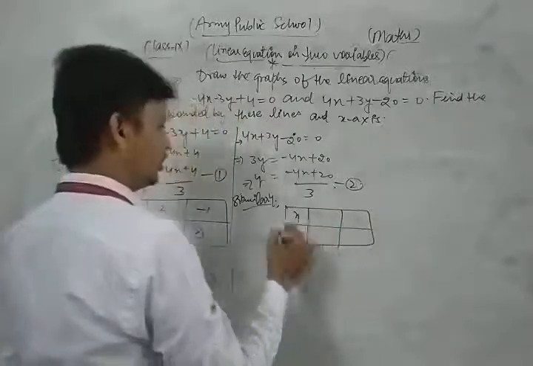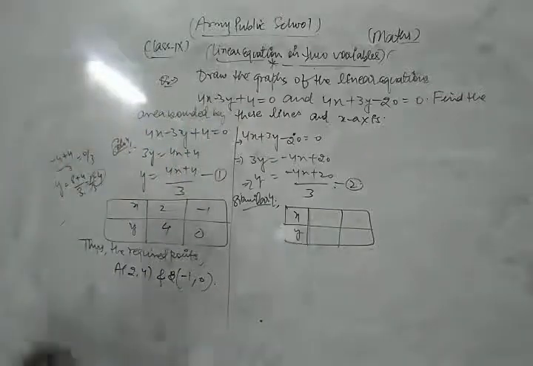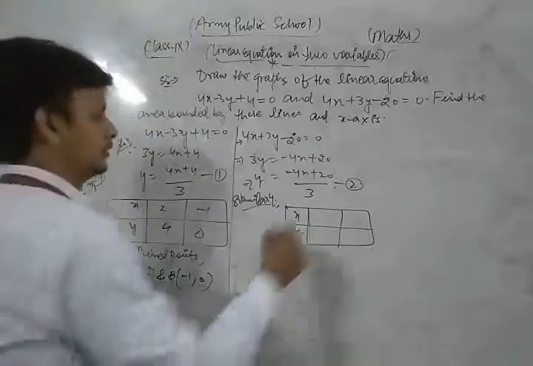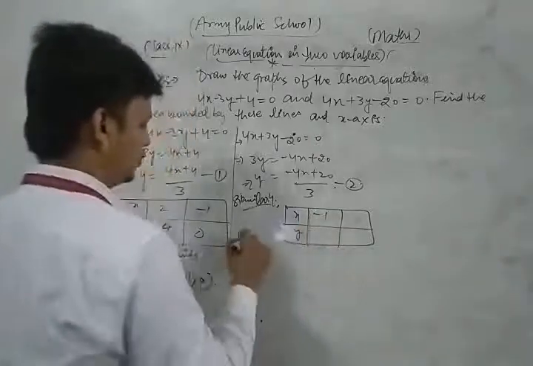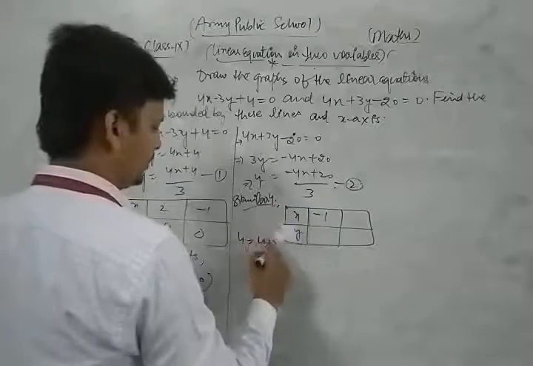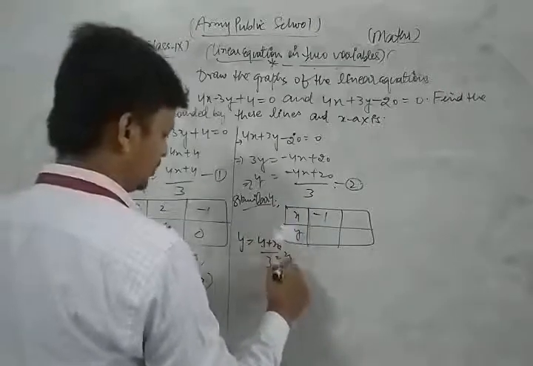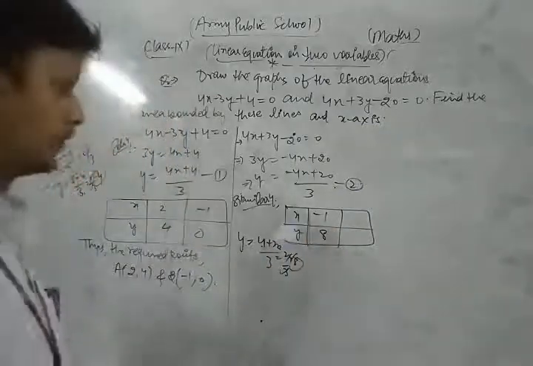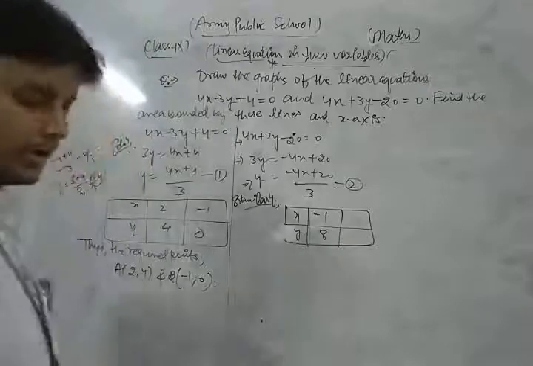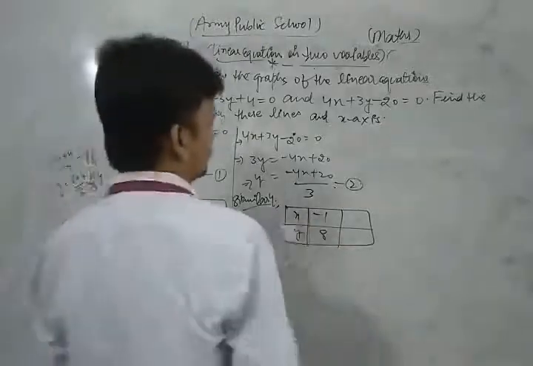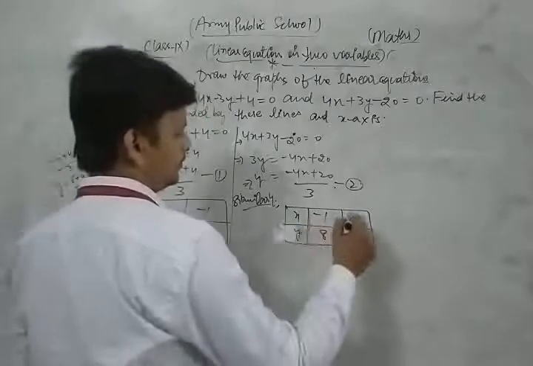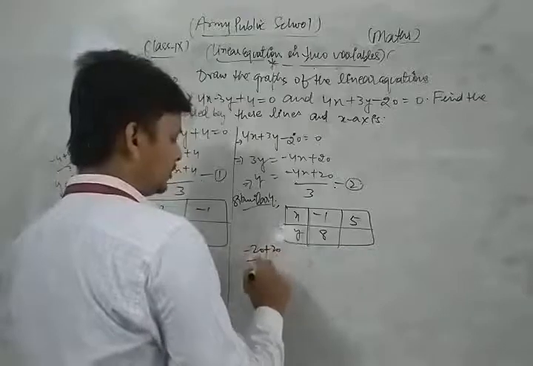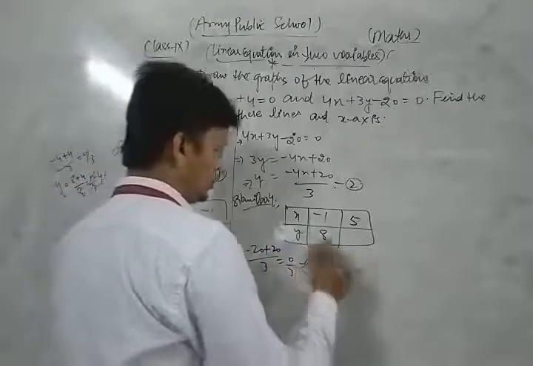This is x, this is y. Now if we put x is equal to minus 1, then y is equal to (4 times 1 plus 20) upon 3, which is 24 upon 3, so we get y is equal to 8. Now if we put x is equal to 5, then y is (minus 4 times 5 plus 20) upon 3, which is 0 upon 3, that is 0.